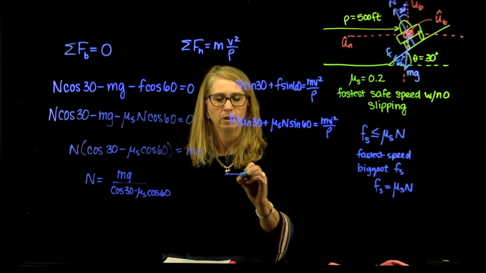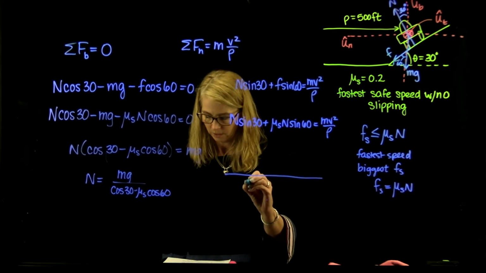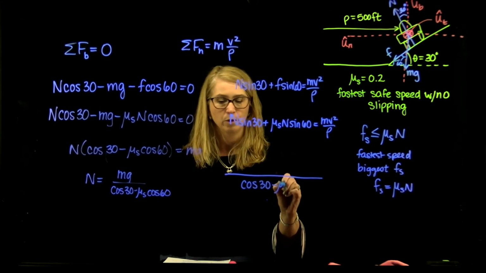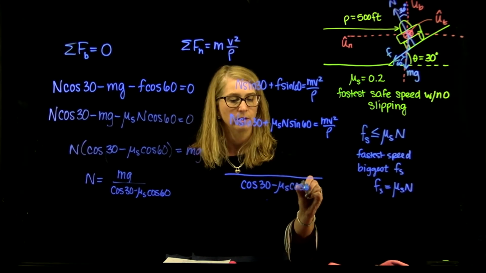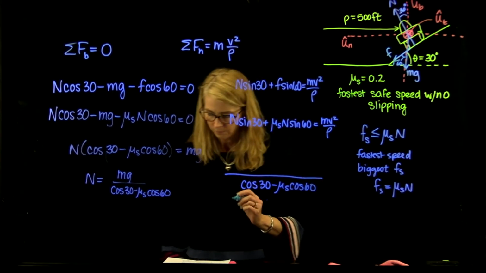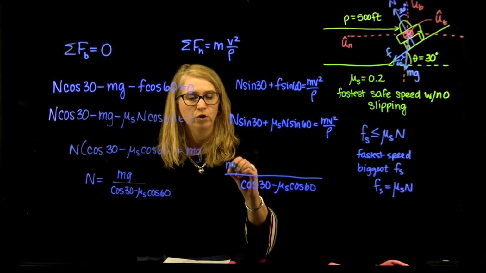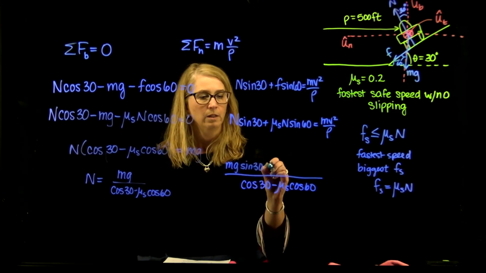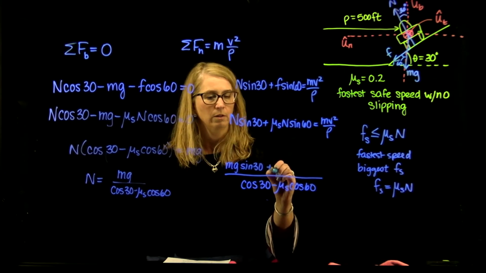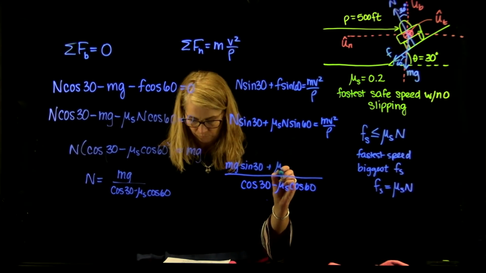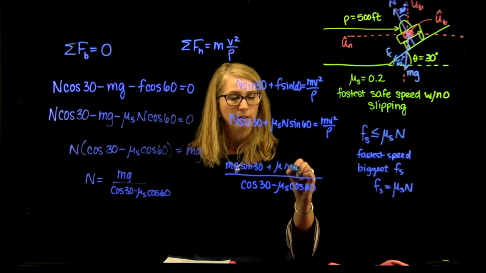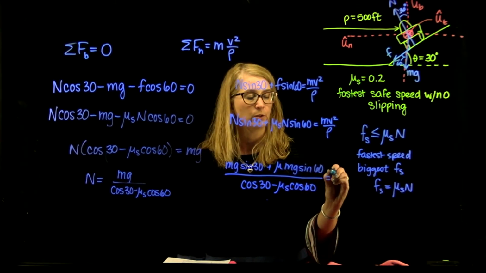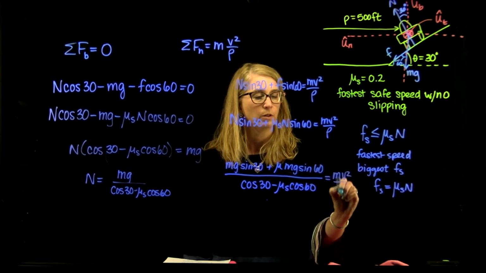So I'm just going to put it all together. The denominator that we had was cosine of 30 minus mu s cosine of 60. And here I have mg times the sine of 30, and then here I have plus mu s mg sine of 60. And this is equal to m v squared over rho.